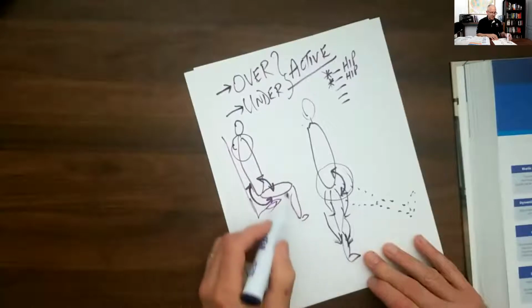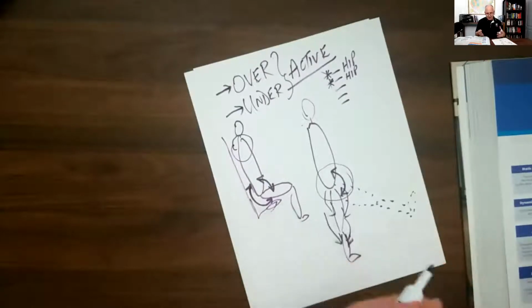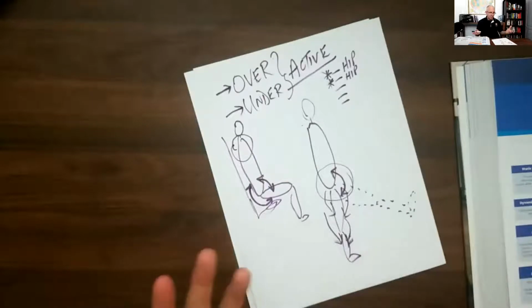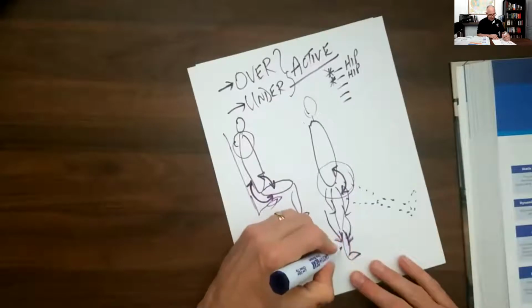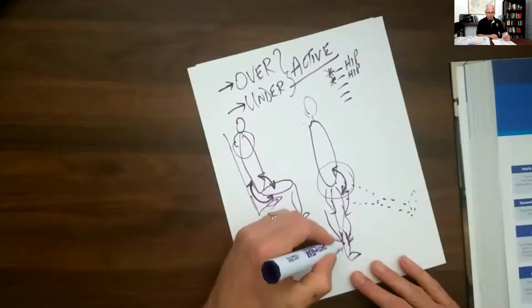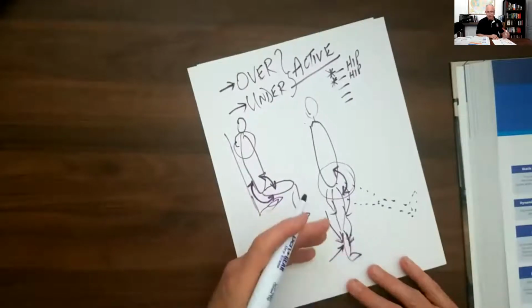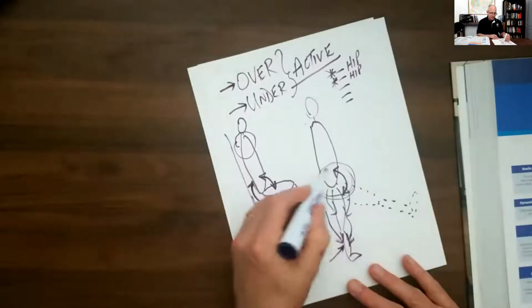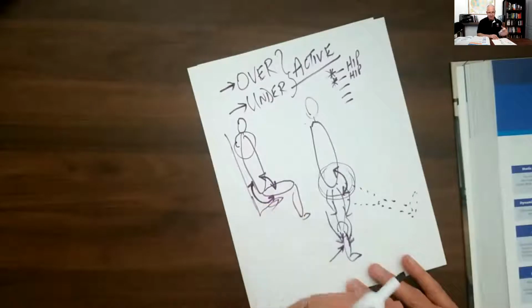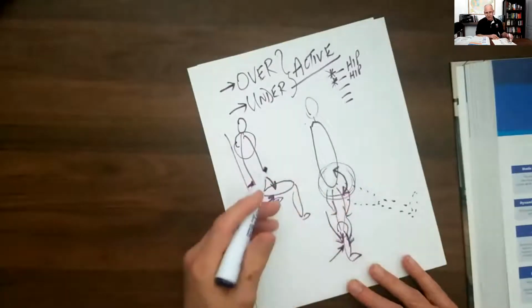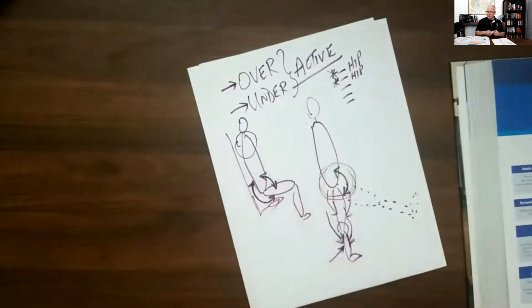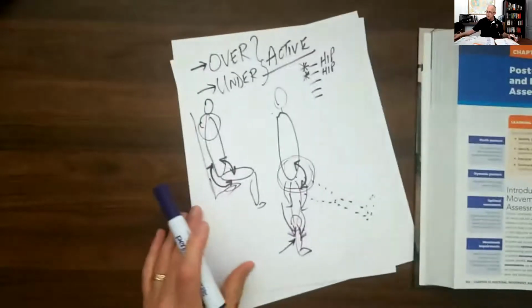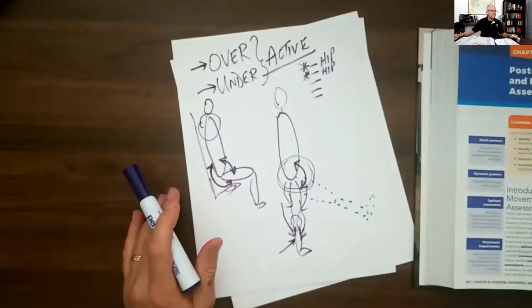And that's why you're going to see on some of the lists in the chapter muscles that you would never think. Why is the gastroc overactive? Why is the soleus overactive or underactive? And the reason is because every joint is affected by the joints that are proximal to it as you get closer to the midline of the body.